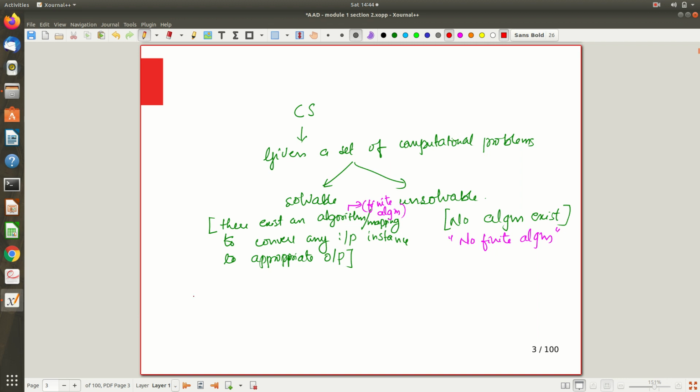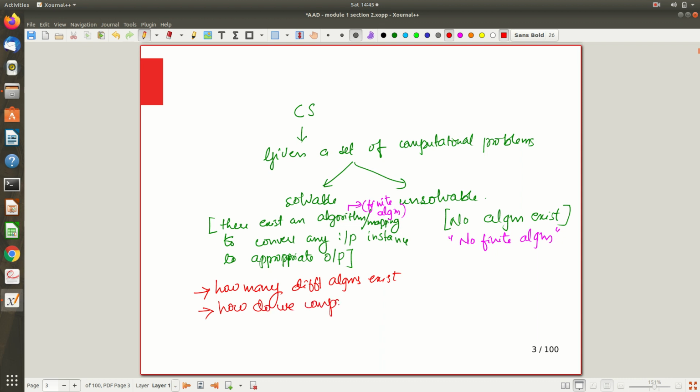Okay, now once the problem is solvable, then you can ask many questions like: how many solutions exist? How many different algorithms exist? And once we have a number of algorithms, how do we compare them?